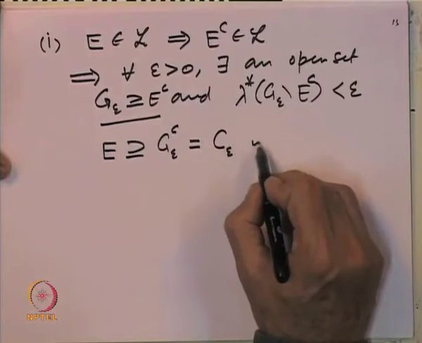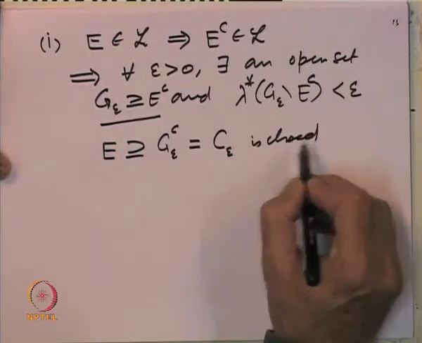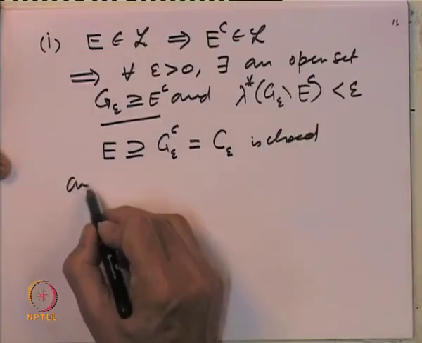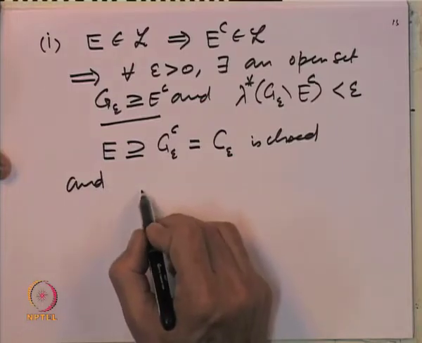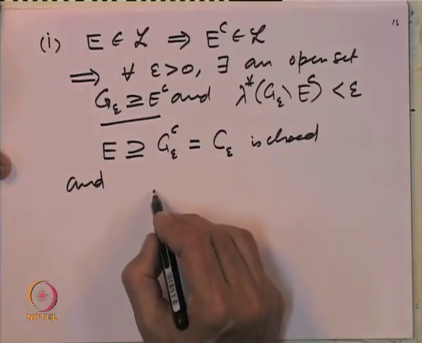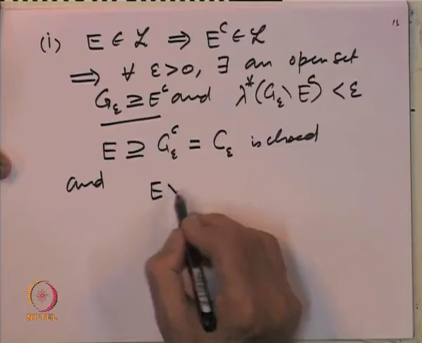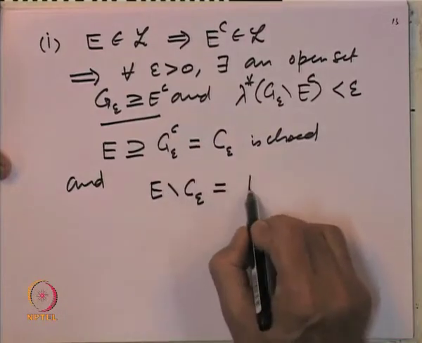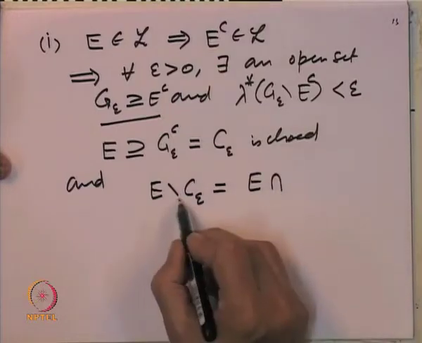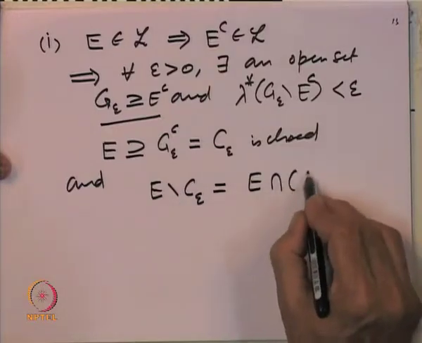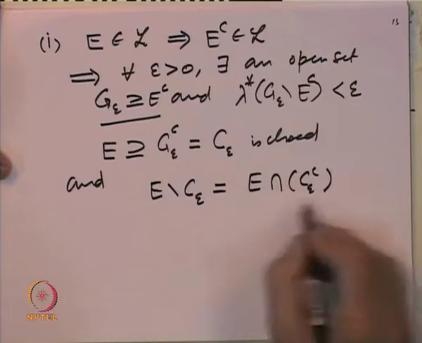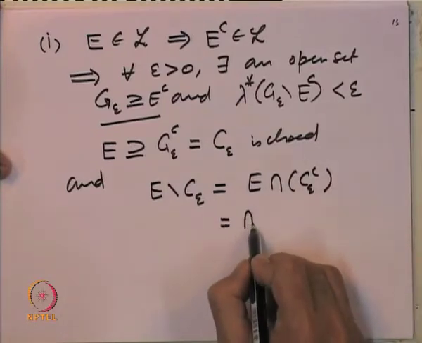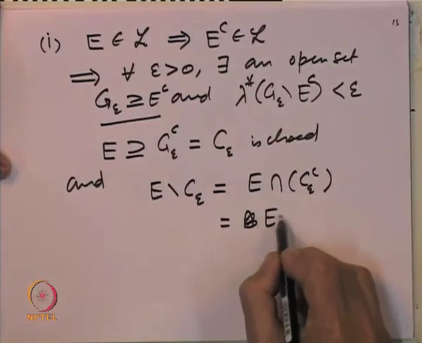So, C epsilon is closed, it is included in E, and we want to find what is the Lebesgue outer measure of E minus C epsilon. So, what is that? That is E intersection the complement of C epsilon, by set theory, and that is the same as E intersection.